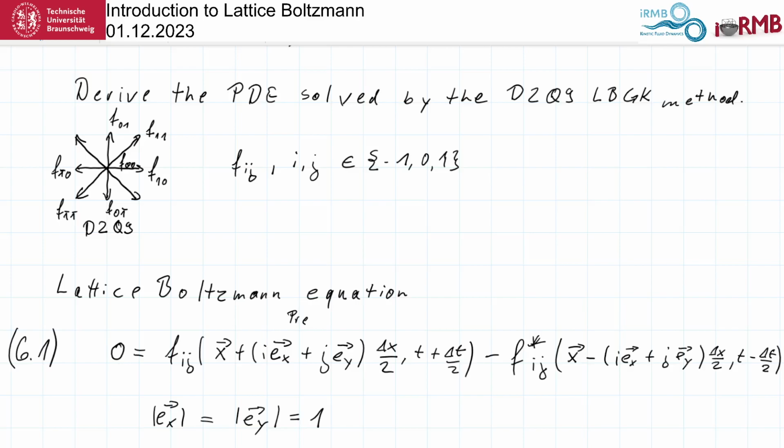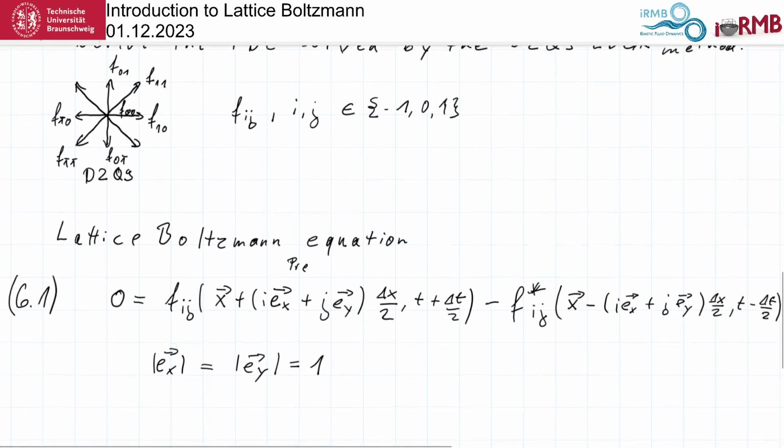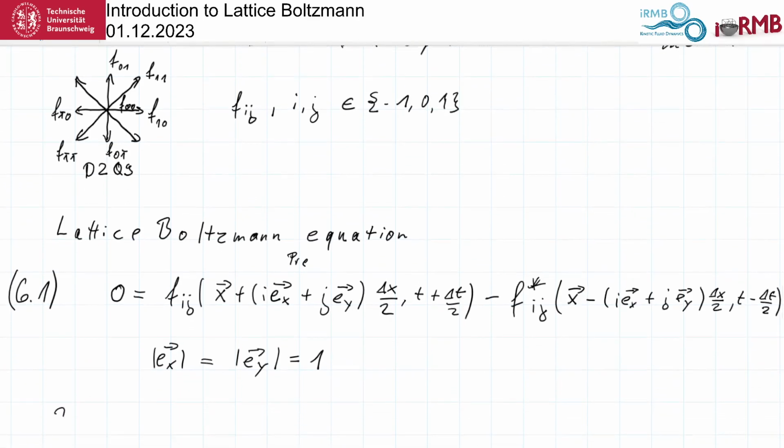Okay. So what this lattice Boltzmann equation does not specify is how we actually do the collision. Collision can be done in different ways. We'll talk about this in later lectures. But here, we'll now use the very simple version of the BGK equation that we have to add.